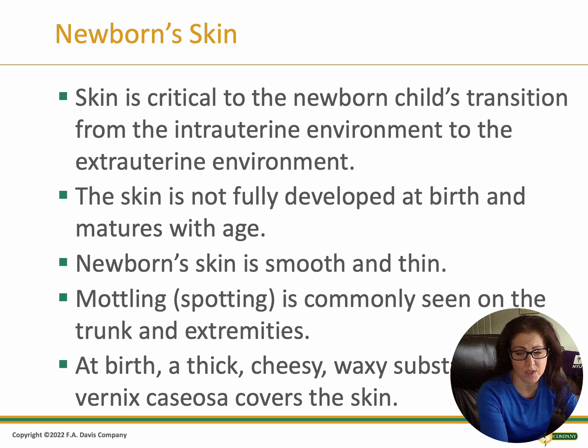They don't have a lot of subcutaneous tissue, so the lack of subcutaneous tissue makes it so babies get cold more easily. Mottling is commonly seen, usually in the trunk and extremities. And at birth, there's a thick, cheesy, waxy substance called vernix that helps cover the skin, and it's a protective layer to help warm up the baby and keep the baby's skin lubricated.